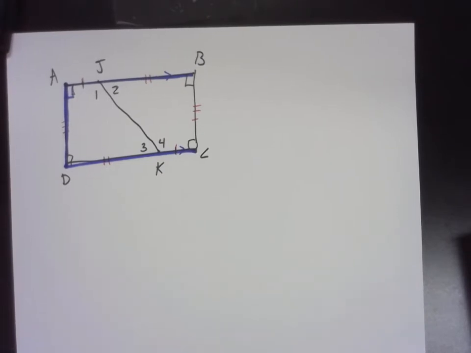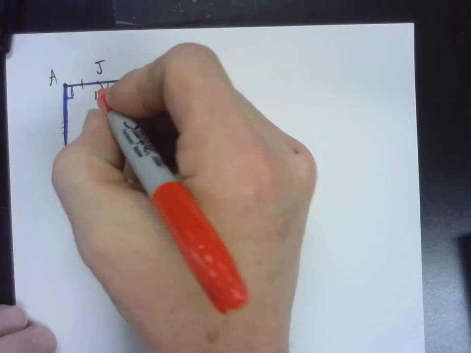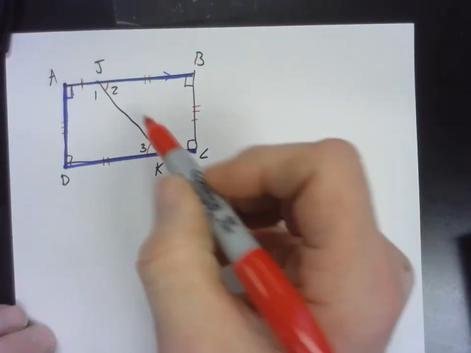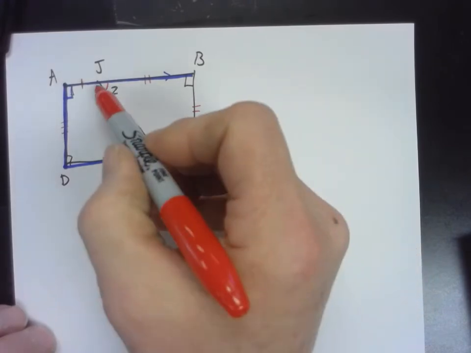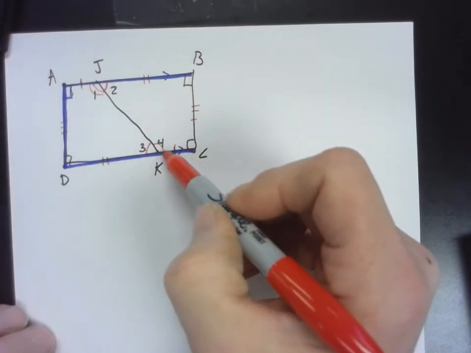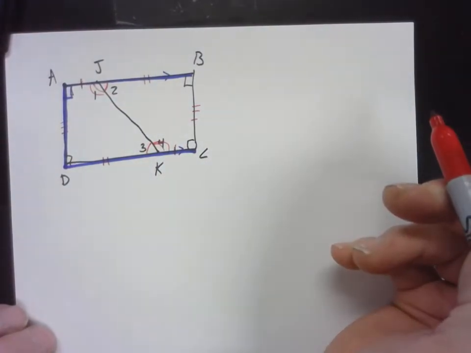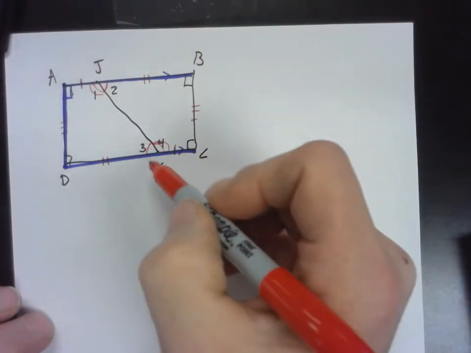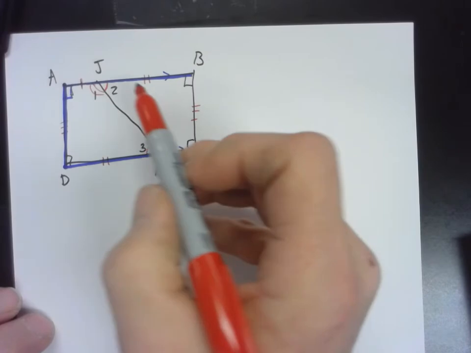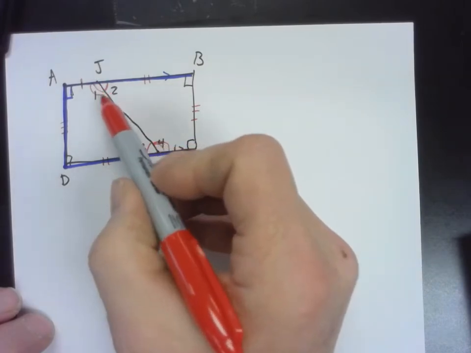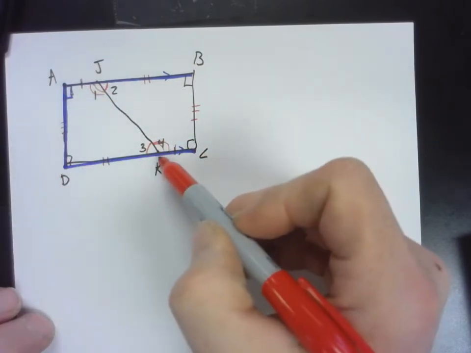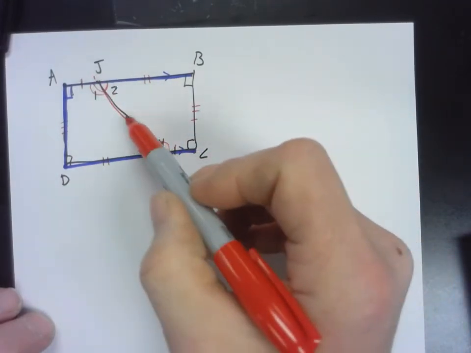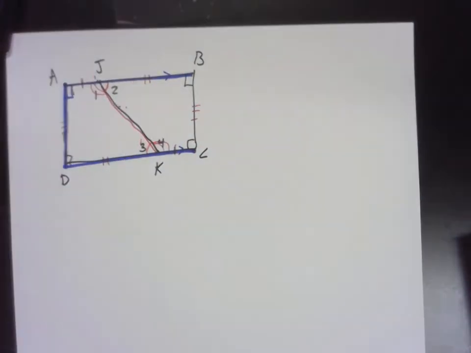So yeah, these two are on a transversal through parallel lines, so they're alternate interior angles. What about angle 1 and angle 4? Yeah, there you go again. Okay, and then what about JK? In this figure here, we've got JK, and in this figure here, do we know that JK is congruent?